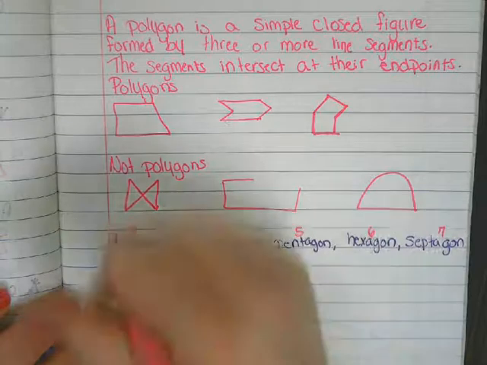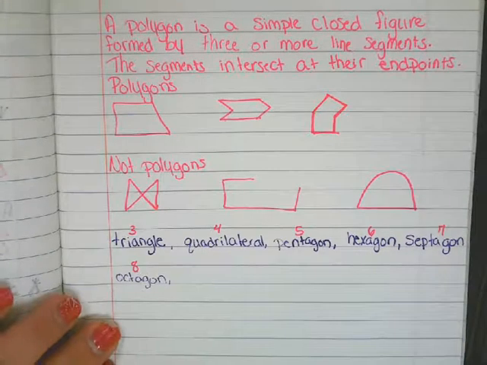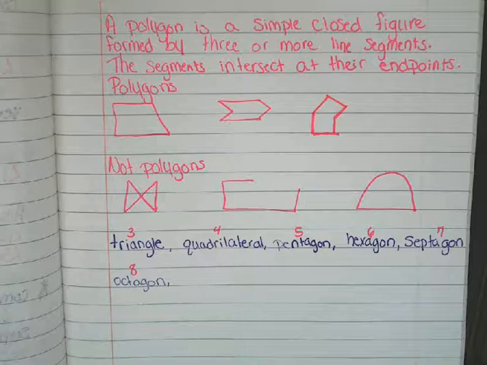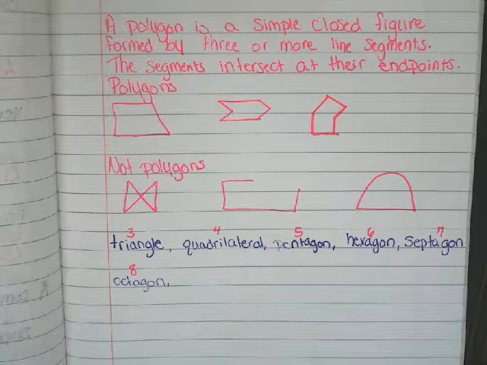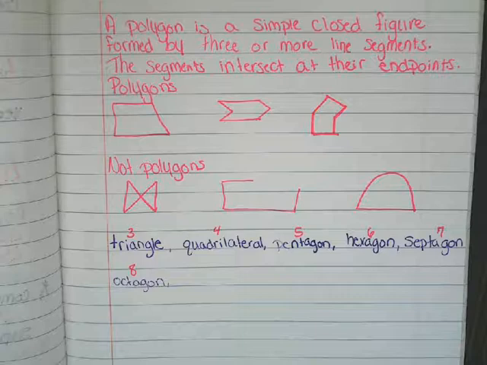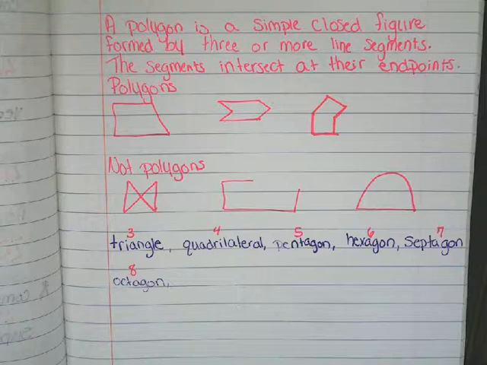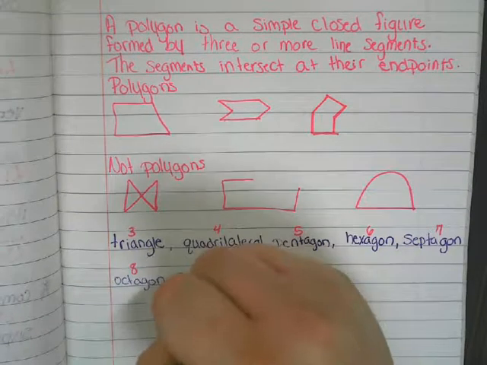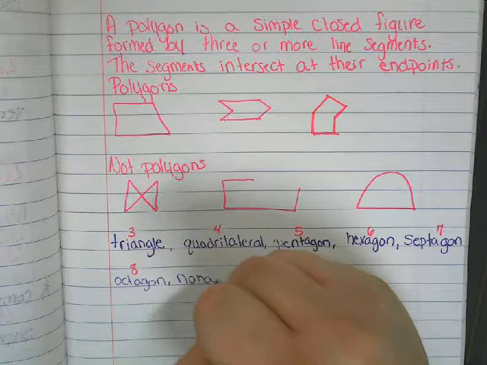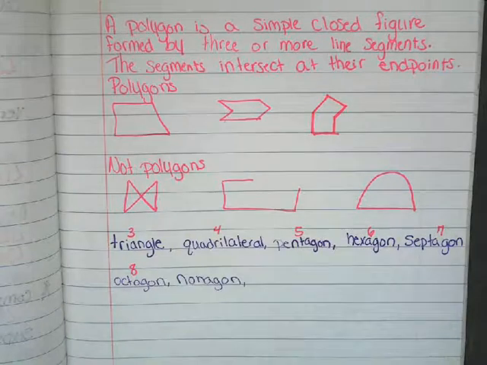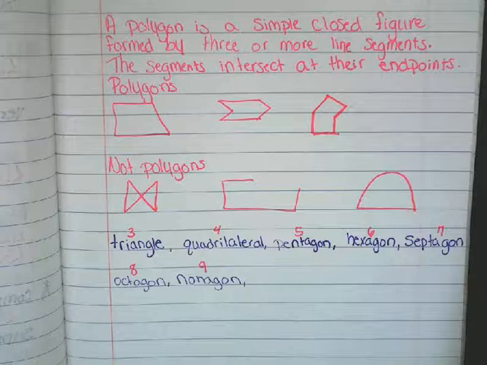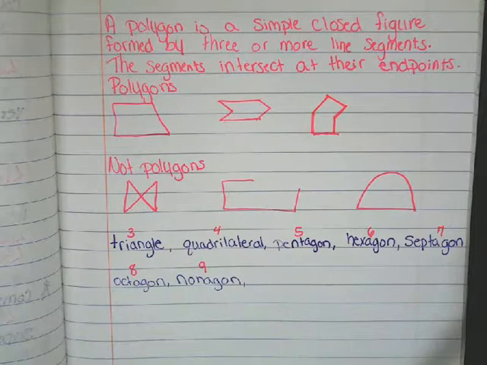Anyone know a nine-sided? You might have had this question asked to you on the Pi Day walk. There was one of the questions about it. Nine-sided is nonagon. Anyone know a ten-sided figure? Ten-sided is decagon.